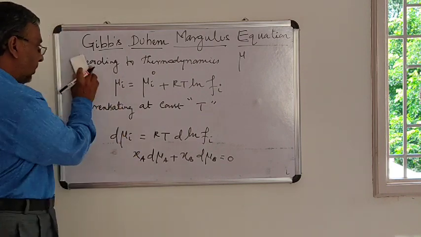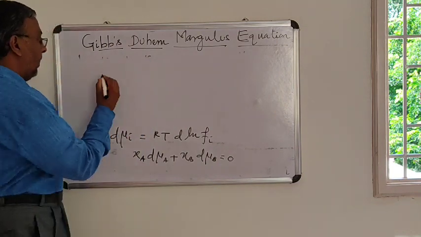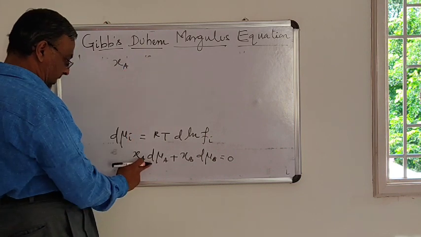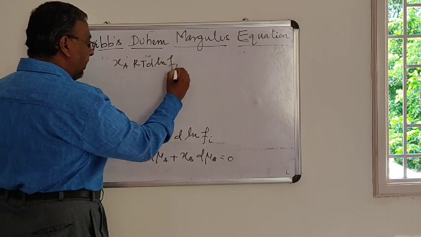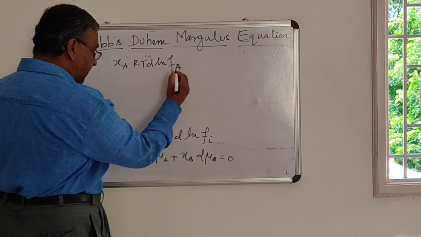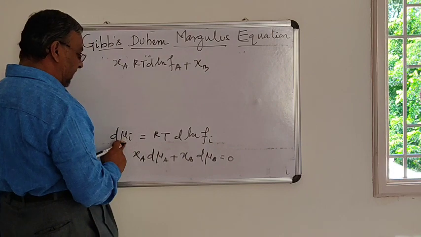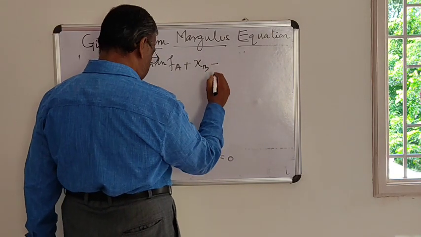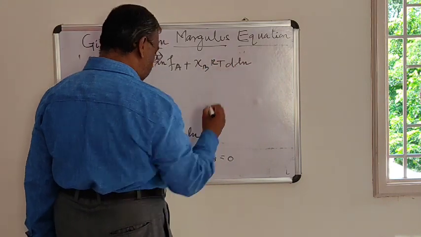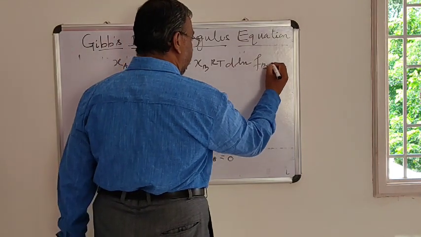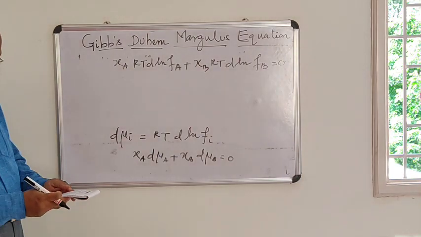I will get XA d mu A is nothing but RT d ln Fa, similarly plus XB d mu B, using this expression, plus XB into RT d ln Fb equal to 0.